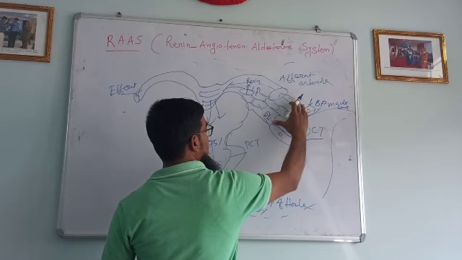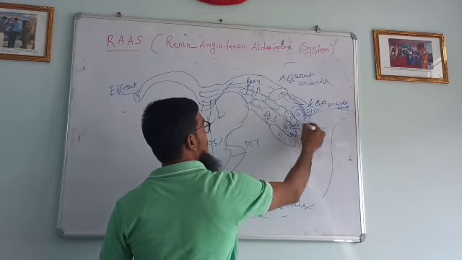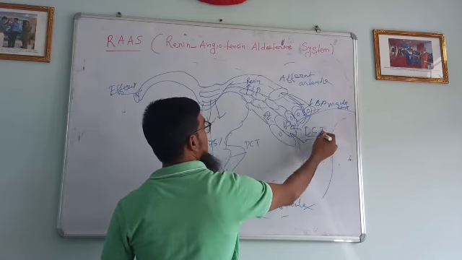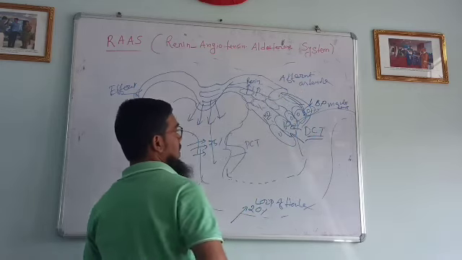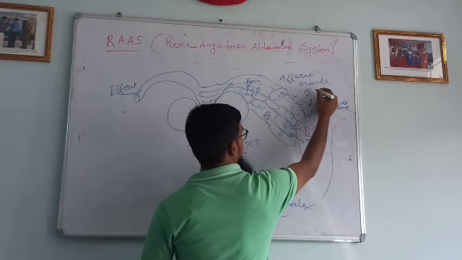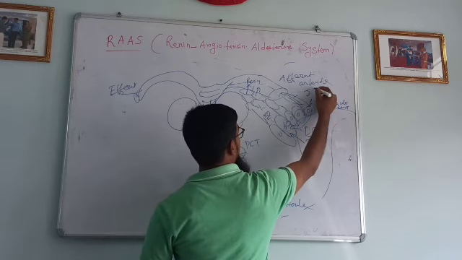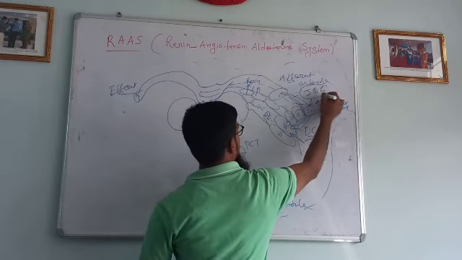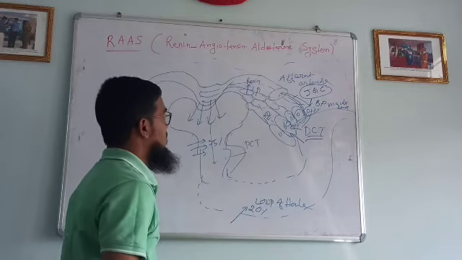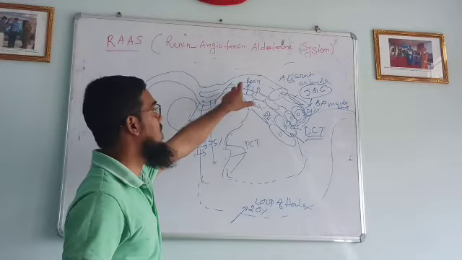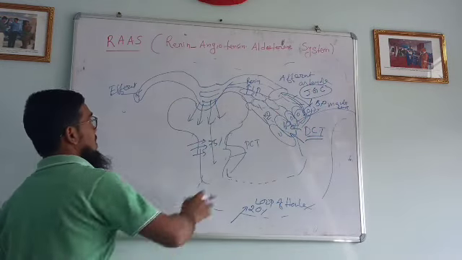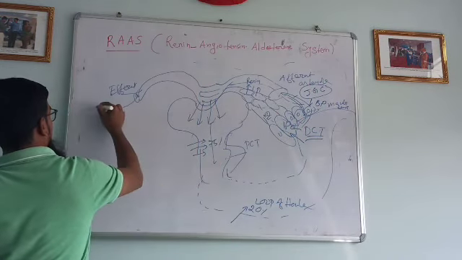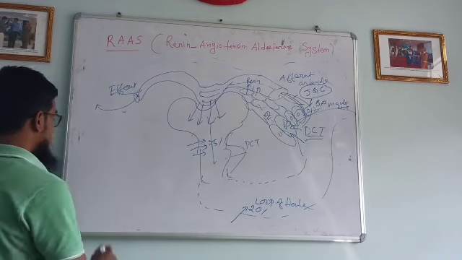The cells present with the afferent arterioles are called juxtaglomerular cells, and together this is the juxtaglomerular apparatus. By that way renin is released, and it finally reaches our systemic circulation.